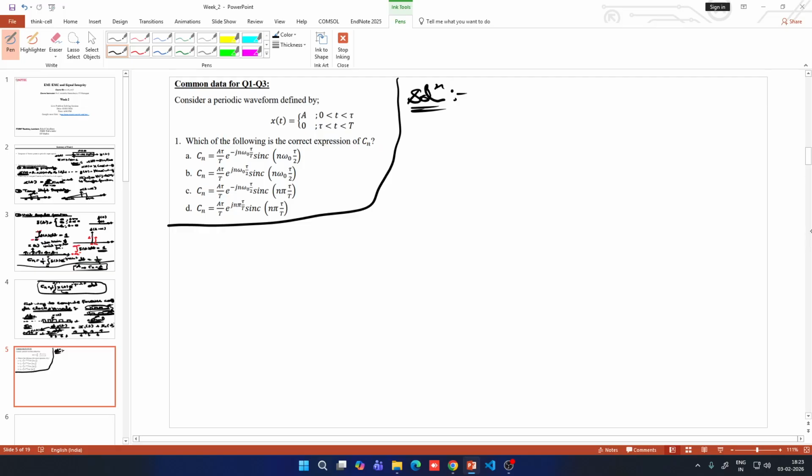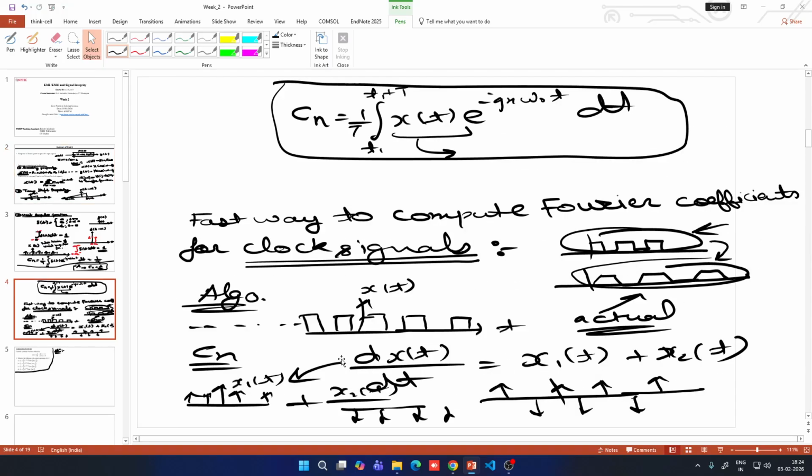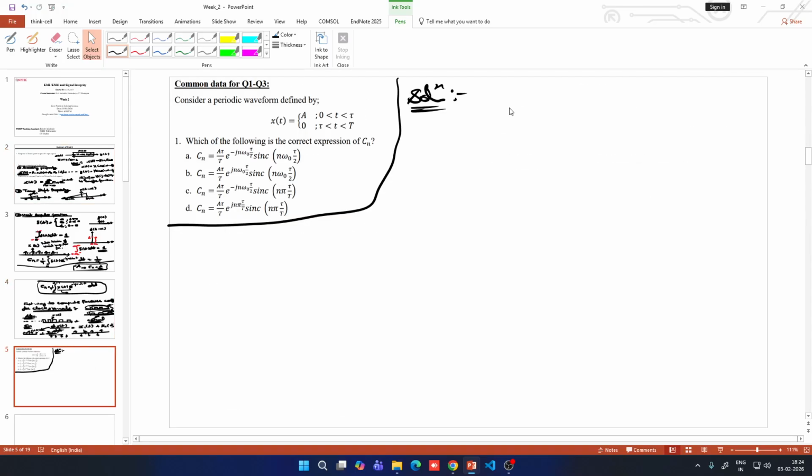First of all we try to draw the signal itself, because we will use the faster way to solve, the faster way to compute the Fourier coefficient for the clock signal that we just discussed. We will try to use this for this one instead of directly solving the Fourier coefficients.